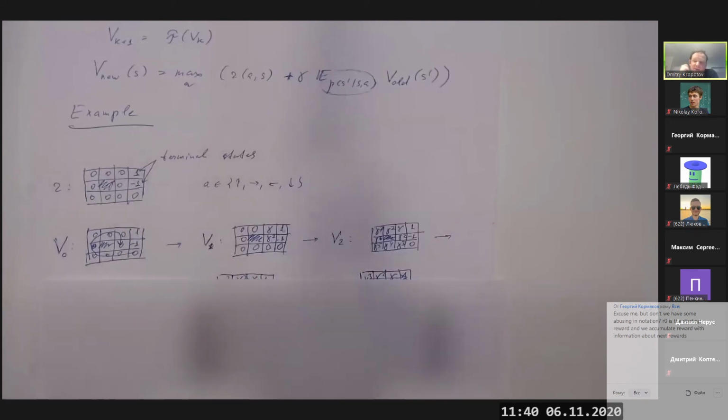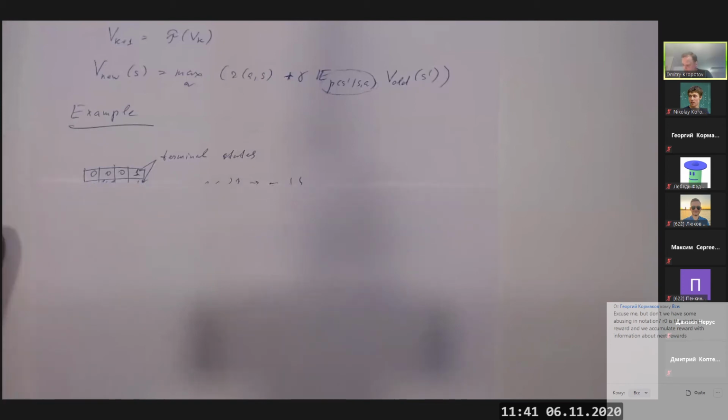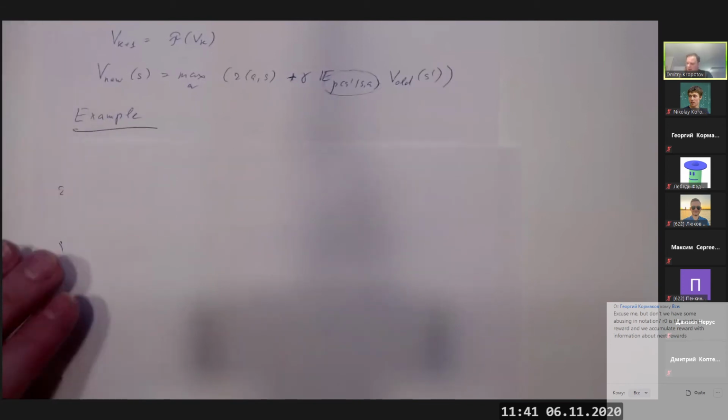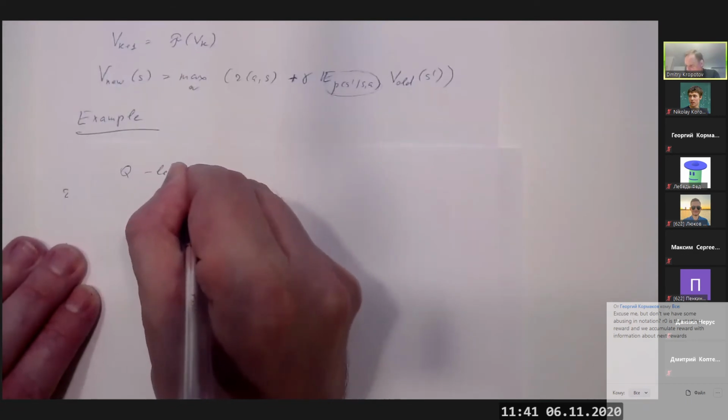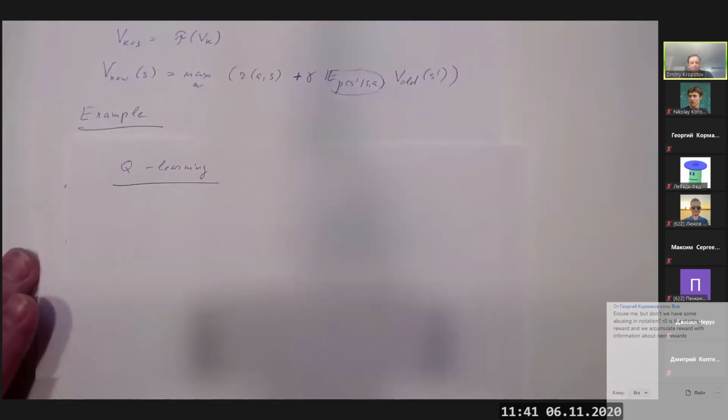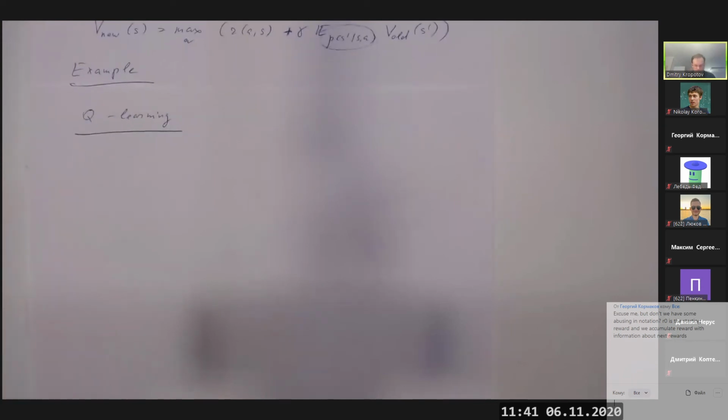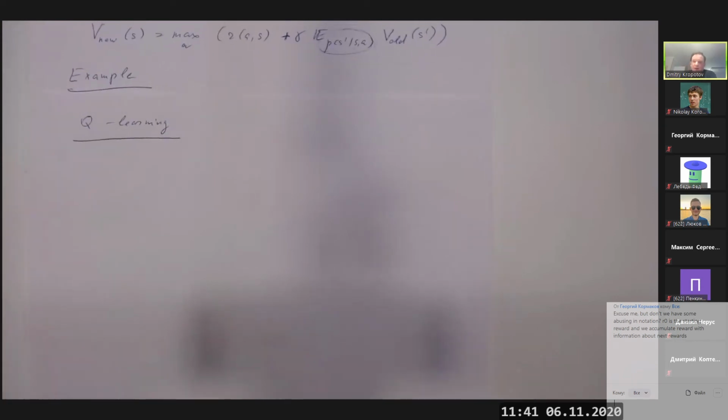And now we will discuss a kind of value iteration algorithm, but for the case when we sample these three things: state, action, and the next state. And this algorithm is usually called Q-learning. So now let's discuss this one. This algorithm in its structure is actually quite similar to what we had in the value iteration algorithm.